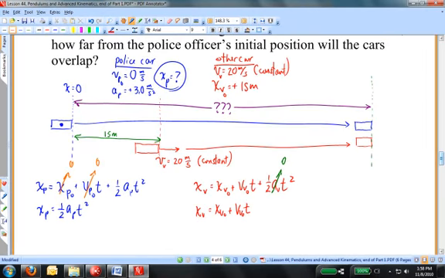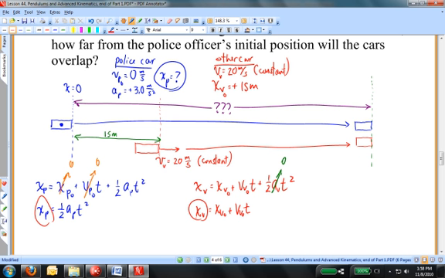Now what? What I claim is that at the time in question, those two positions are going to be equal. In other words, they are going to overlap. So I can set the position of the police car and the position of the violator's car equal to each other and figure out at what time that happens. Once I've got the time, I can substitute it into either equation of motion and figure out the position.